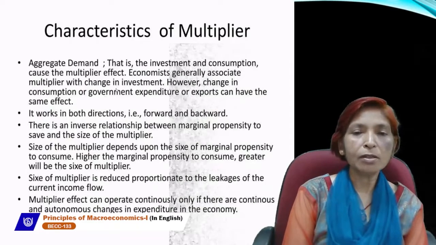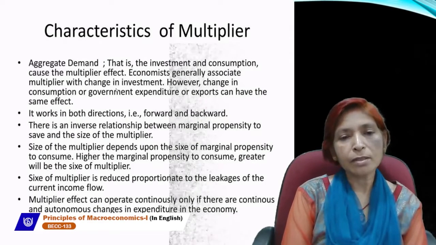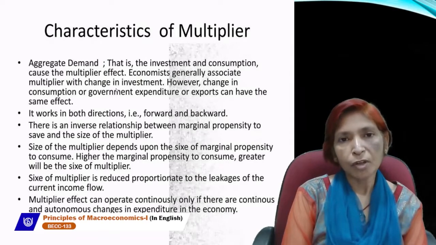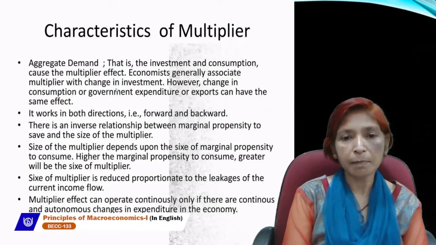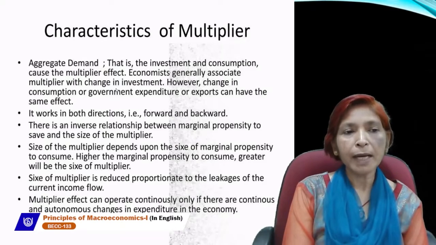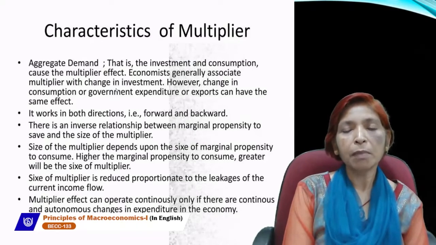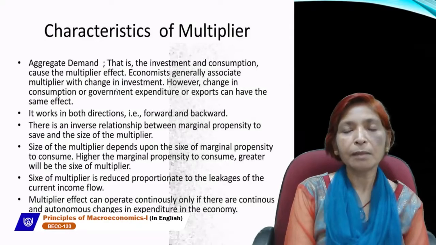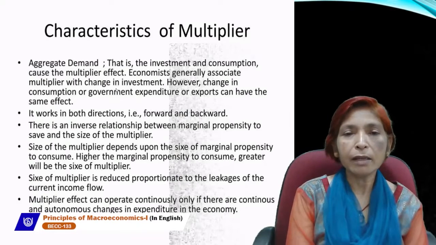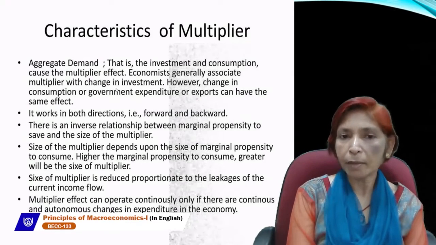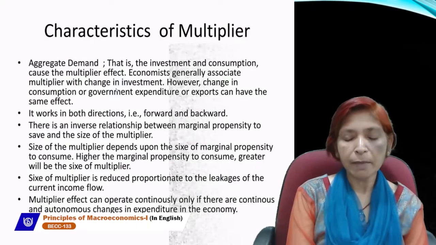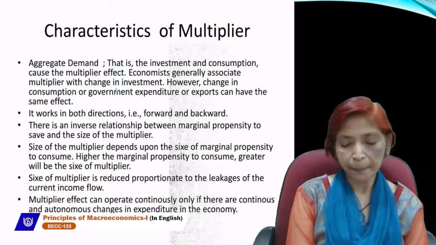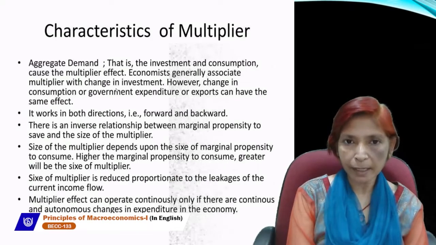Next are the features or characteristics of multiplier. What are the main features of multiplier? Multiplier mainly shows multiple effect or multiple change in any variable. It may be employment multiplier, investment multiplier, tax multiplier, government spending multiplier, or foreign trade multiplier.